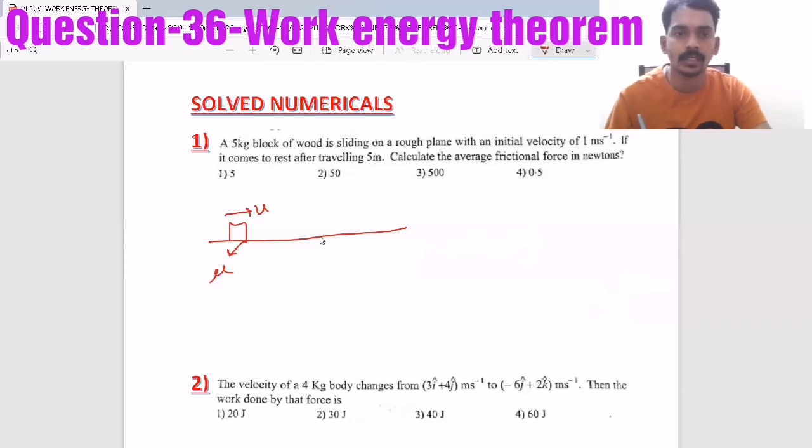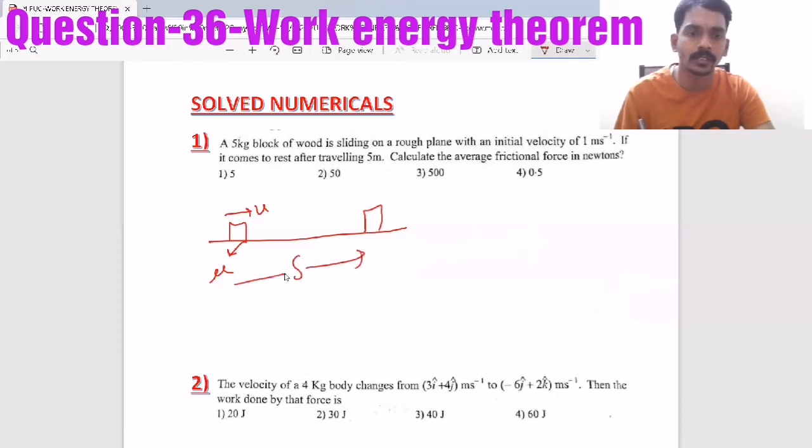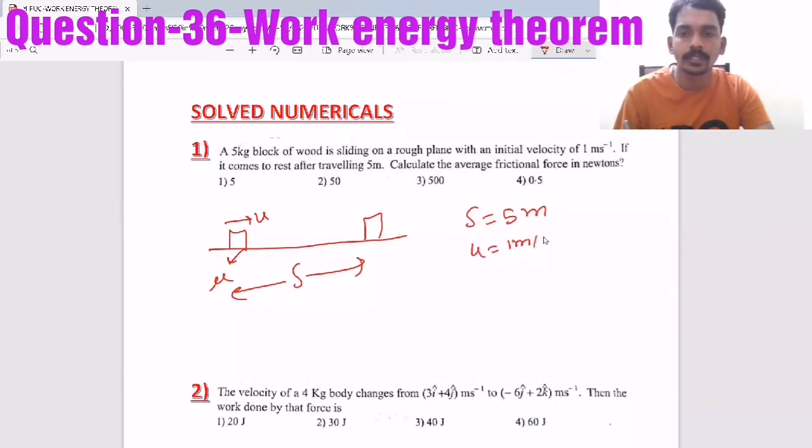If it comes to rest after traveling through a distance S of 5 meter, with initial velocity 1 meter per second, calculate the average frictional force in Newton.